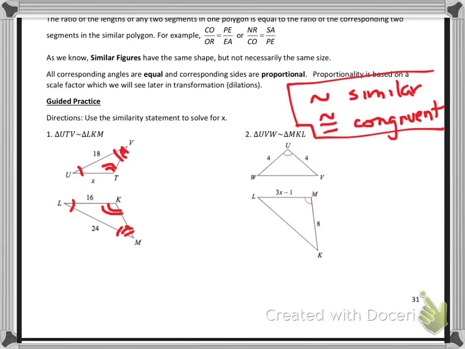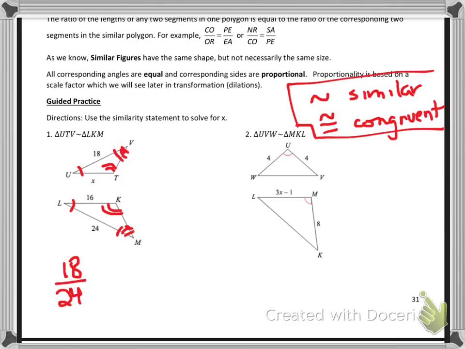So what that means is I can set up ratios. The longest side here between U and V is 18, and that is proportional to the side between L and M, which is 24. So I'm going to set up a ratio, 18 to 24.